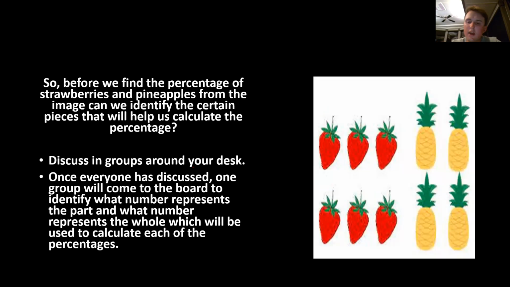So what are we supposed to look at in this picture in order to be able to calculate the percentages? Discuss in groups around your desk. Once everyone has discussed, one group will come to the board to identify what number represents the part and what number represents the whole, which will be used to calculate each of the percentages. So we're going to look over here, find the part, and find the whole in order to calculate the percentages.